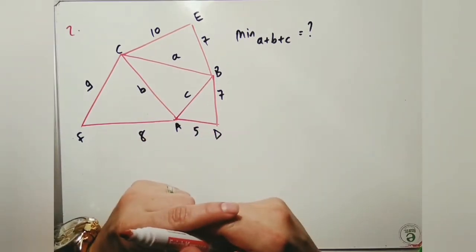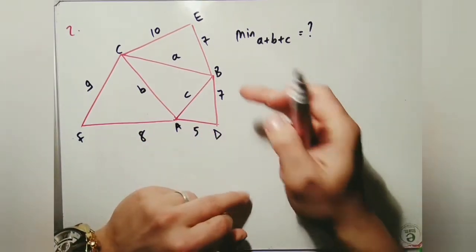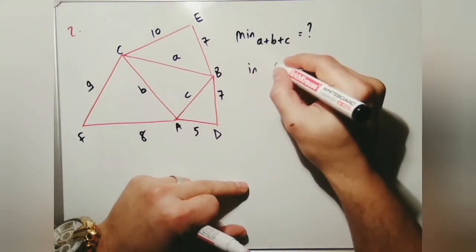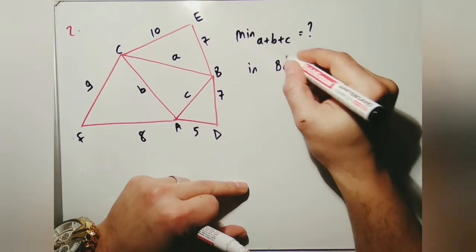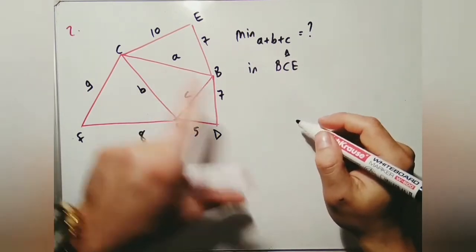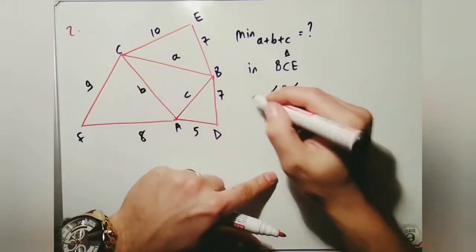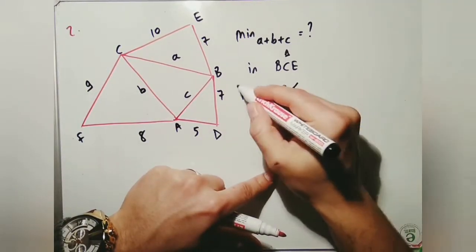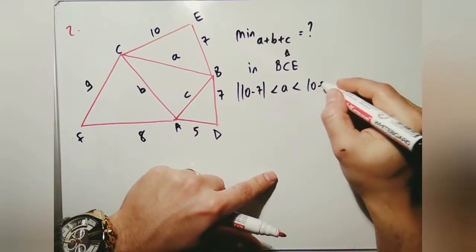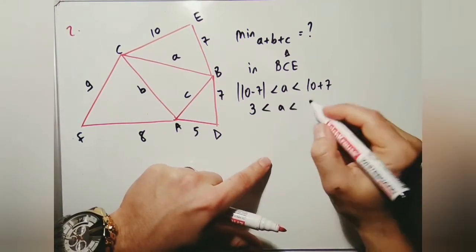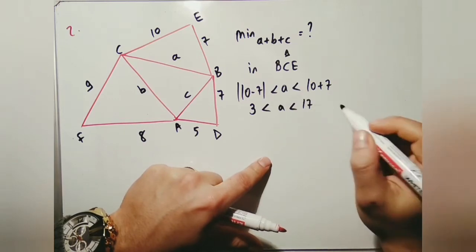So let me start first with triangle BCE. Here A is between the absolute value of 10 minus 7 and 10 plus 7. So it's going to be 3 is less than A is less than 17.